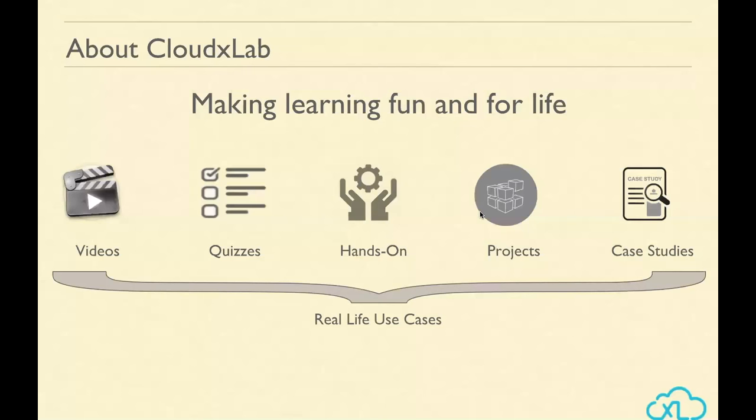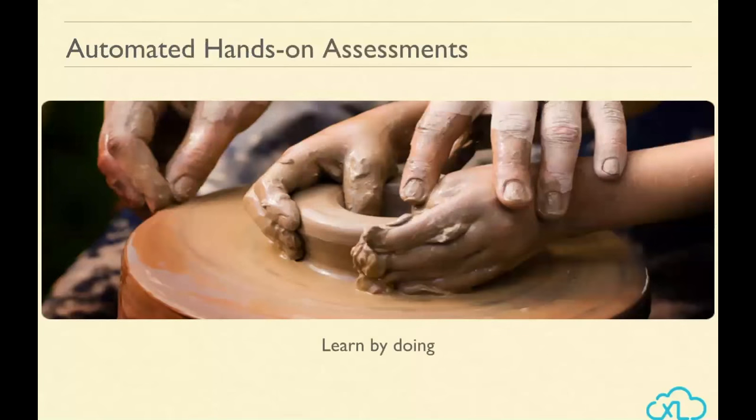At CloudX Lab, we are making learning fun using videos, quizzes, hands-on projects, case studies, and all of it based on real life use cases. One of the things that we have created is called automated hands-on assessment, which is basically for learning by doing.